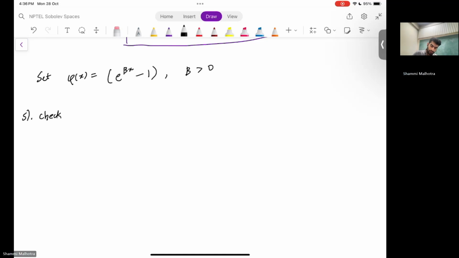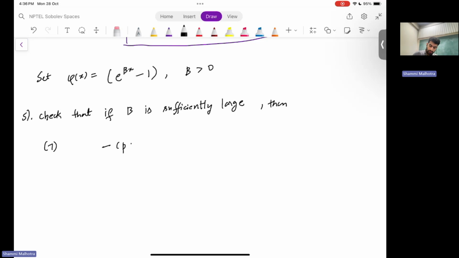Check that if b is sufficiently large, then, let me name this equation 7, minus p phi dash whole dash plus q phi has to be less than or equal to 0 on the open interval 0 1.